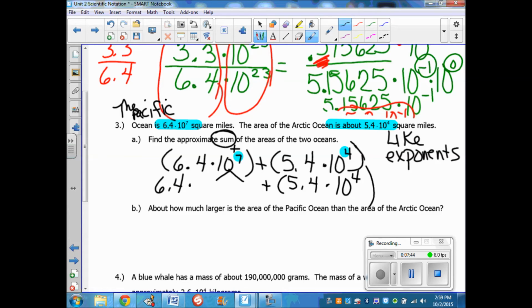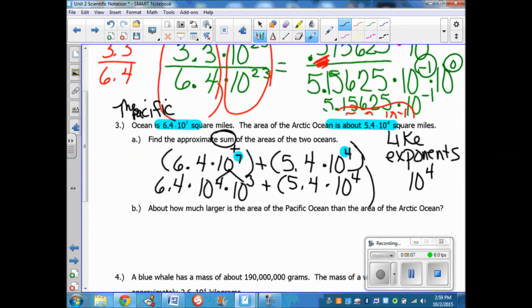Well, how can I rewrite that 10 to the 7th with a 10 to the 4th power? 10 to the 4th times 10 to what exponent would give me a 7? 4 plus what gives me 7? And it's a 3. Remember, we picked to the 4th power. That's what we picked to get them to have.